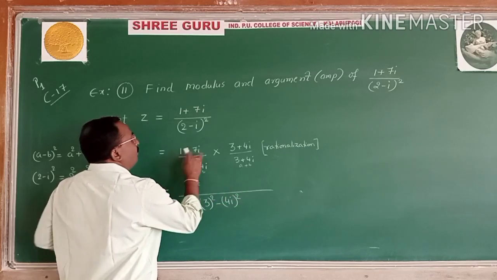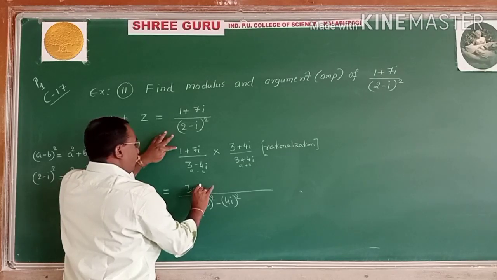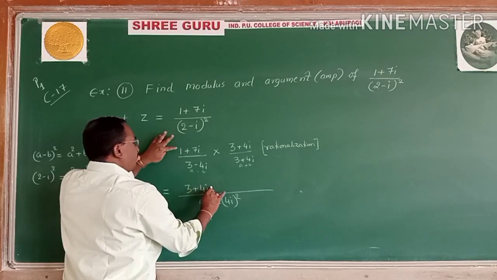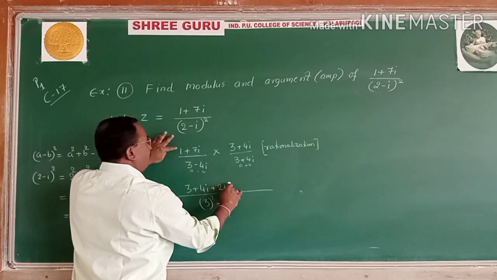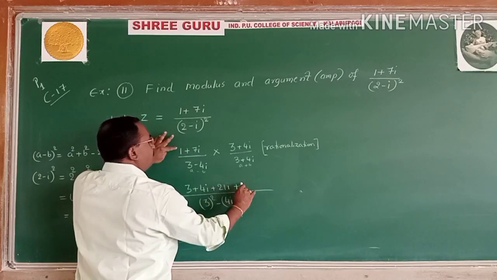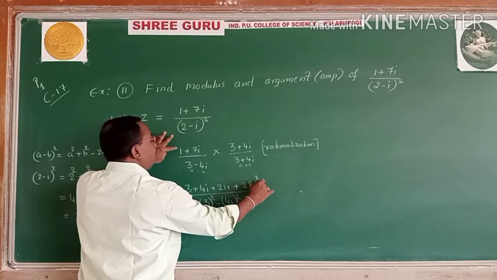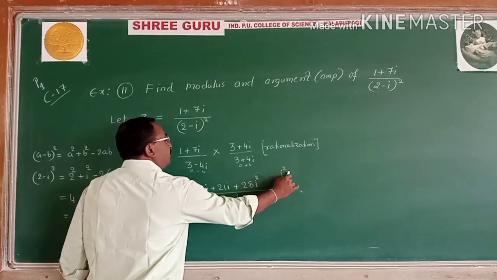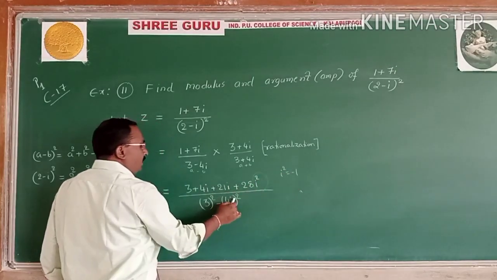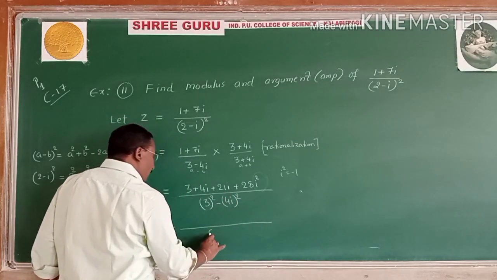Numerator product: 1 into 3, plus 1 into 4i, 7 into 3 is 21i, plus 7 fours are 28 i into i square. I square value is what? Minus 1. That is 4i square. 3 square is 9.